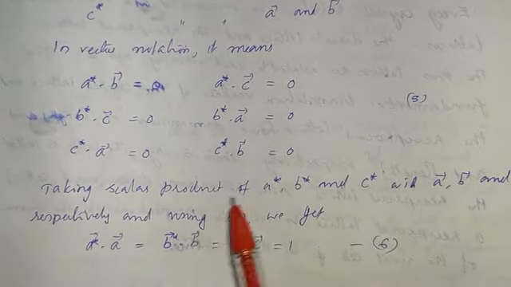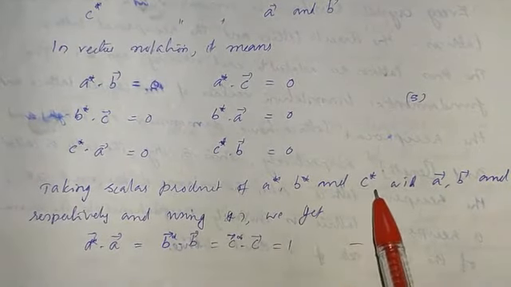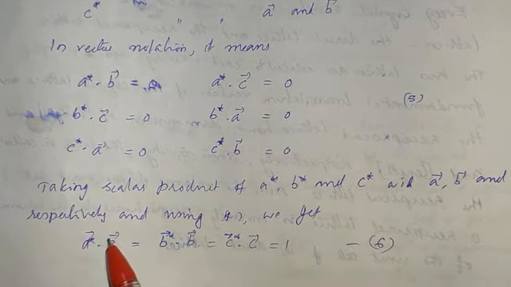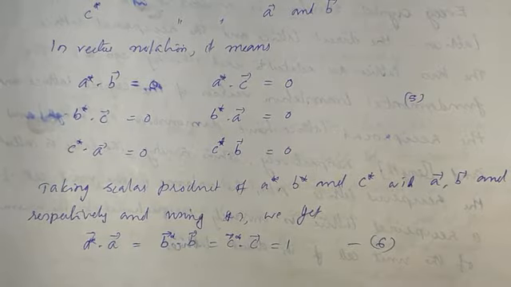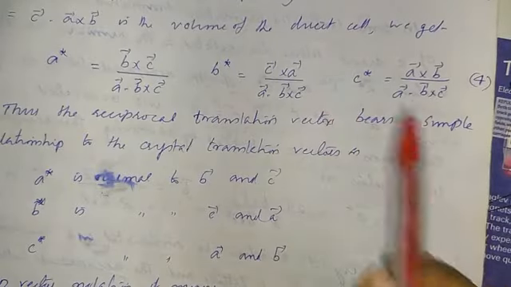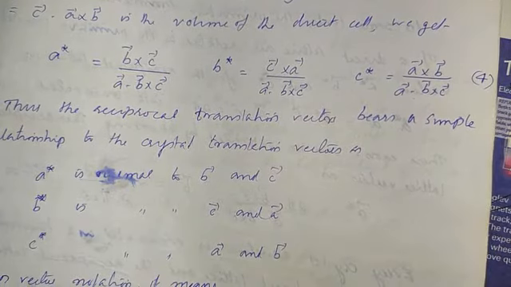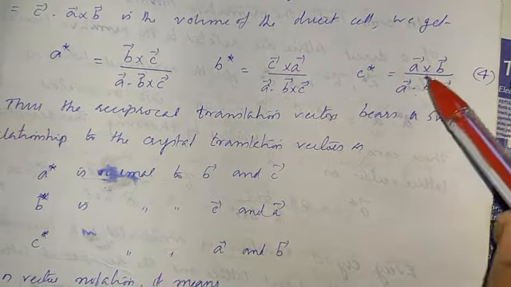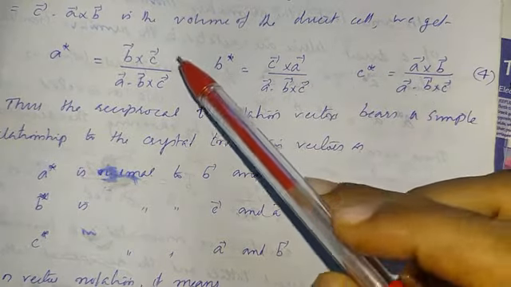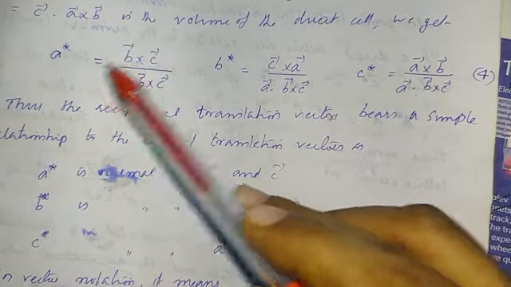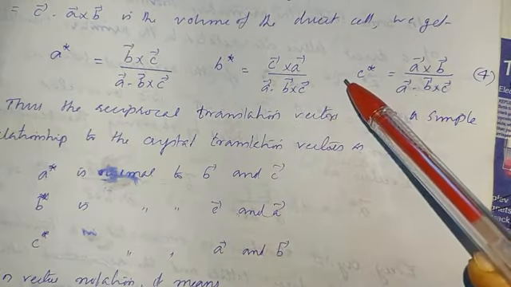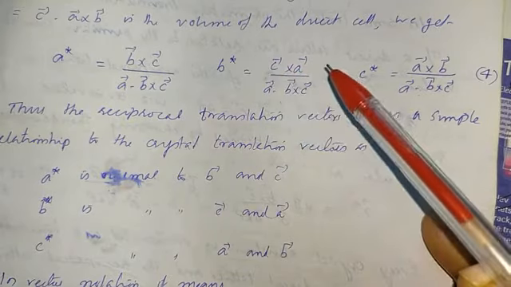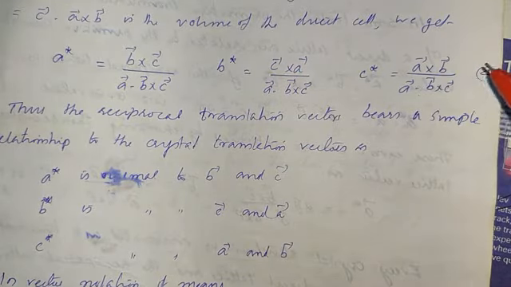So if we take the scalar product of a star, b star and c star with a, b and c respectively, that is a dot a star, b dot b star and c dot c star, then from this expression we will get a dot b cross c, b dot c cross a and c dot a cross b.